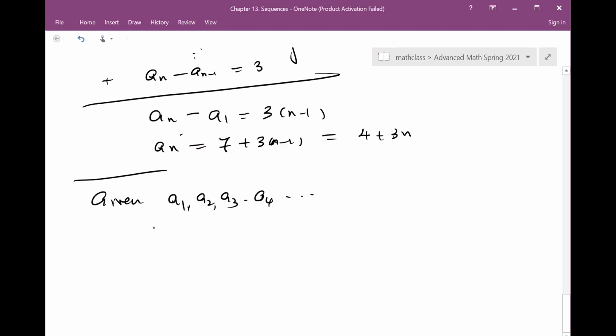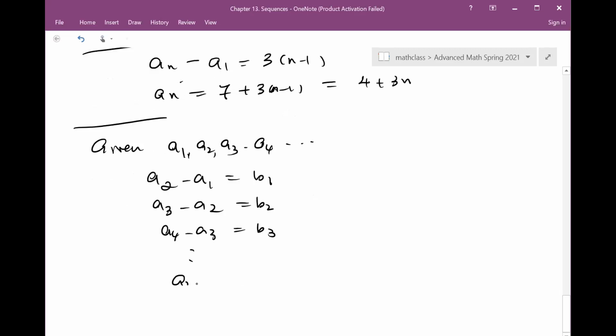So the new sequence is A2 minus A1, which is not going to be constant, but you get B1. A3 minus A2 gives B2. A4 minus A3 gives B3. And then AN minus AN minus 1 equals BN minus 1.